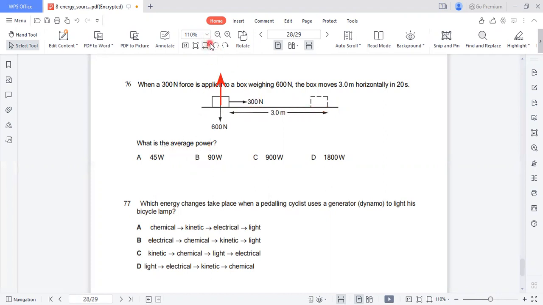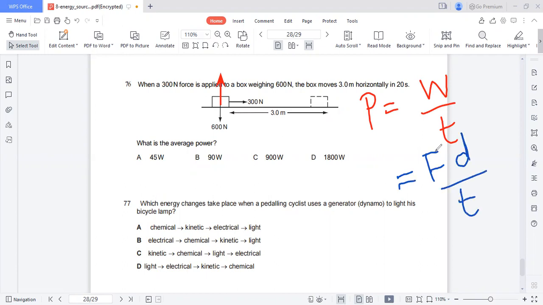What is the average power? Right now, it is a kind of force, distance, so it's a kind of work-like situation. So power would be equal to work over time, work done per unit time. So work done is force into displacement over time. Force is 300 newtons, which is applied force.